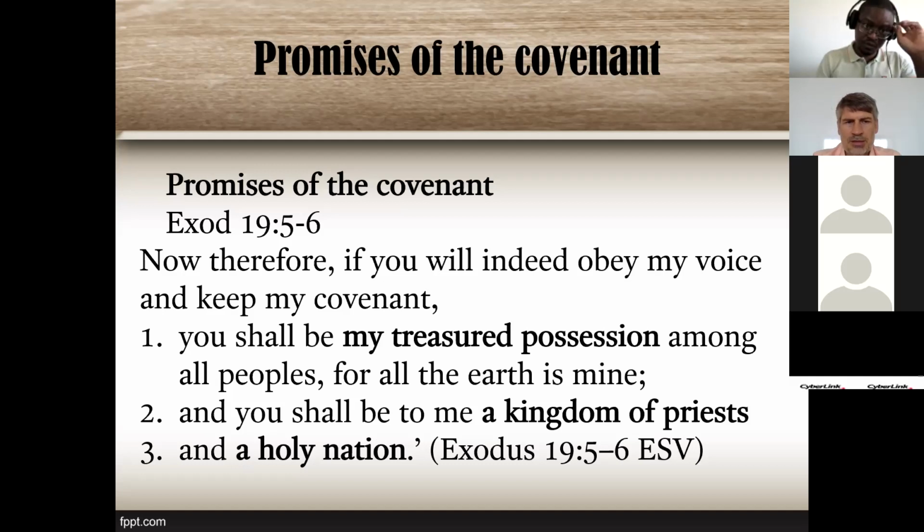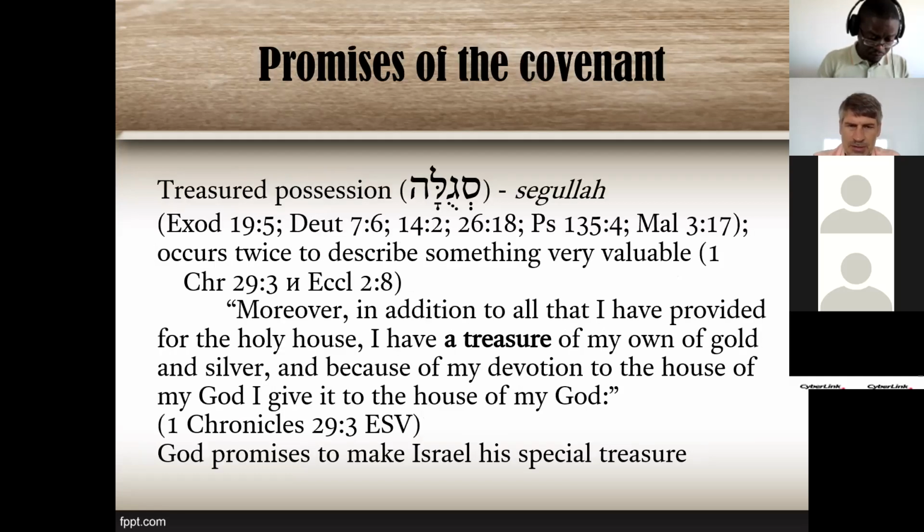And he says that if you will indeed obey my voice and keep my covenant, you shall be my treasured possession among all people, for all the earth is mine, and you shall be to me a kingdom of priests, and you shall be to me a holy nation.